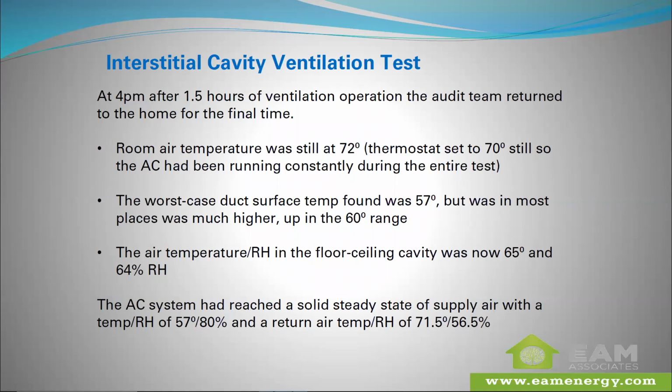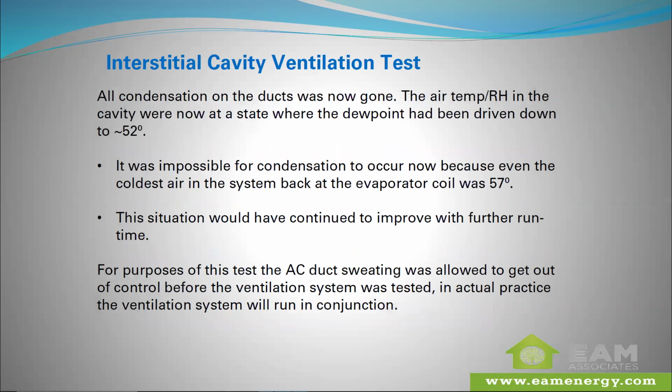The AC system during that period reached a steady state. The supply air temperature was 57 degrees and 80% relative humidity, and then a real good return air temperature and relative humidity of 71.5 and 56.5. What we found at that point was that all of the condensation was gone.